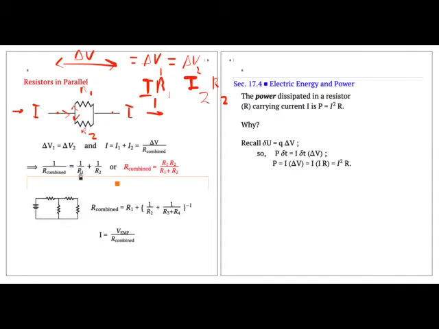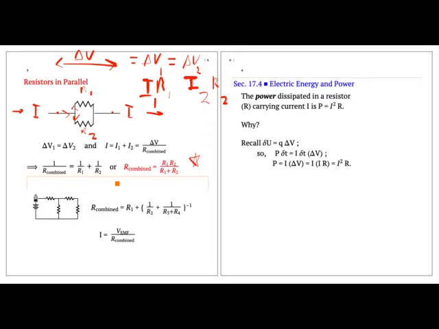I'd have the denominator R1 R2, the numerator R1 plus R2, but that's 1 over R, so now take the inverse of that. R would be R1 R2 over R1 plus R2. So that's the rule or the formula for combining resistors in parallel. Write it in your notebook. You're going to need to know that.